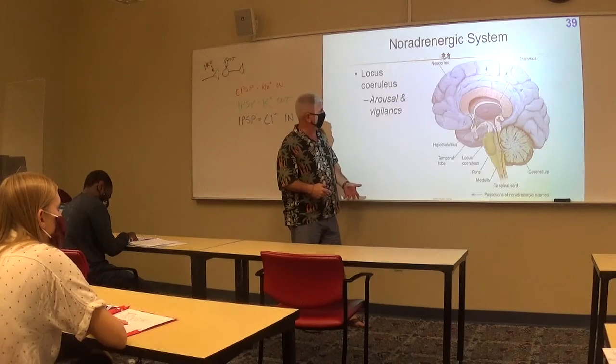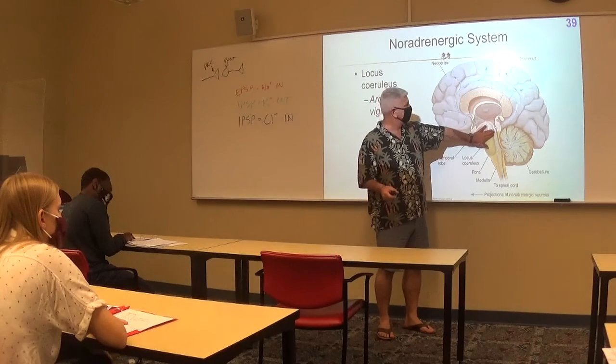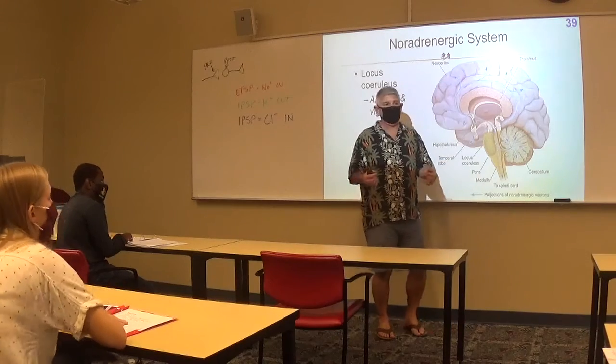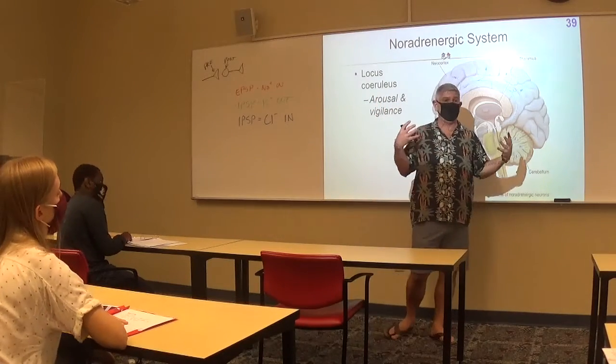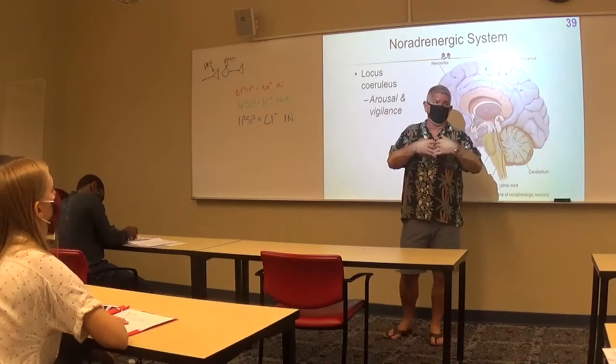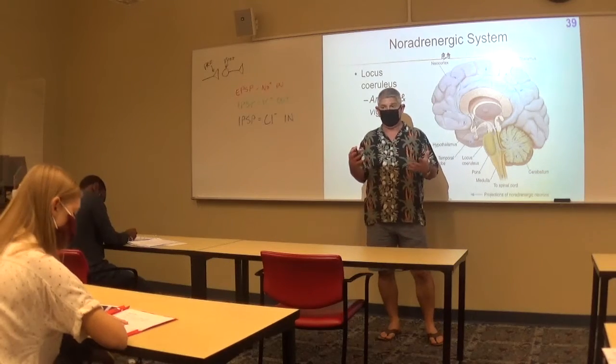Norepinephrine originates in the locus ceruleus, and it also goes everywhere in the brain, and it's sort of for hyperarousal, hypervigilance. So acetylcholine is sort of you're awake and functioning. Norepinephrine is you're excited and the brain's working really hard.